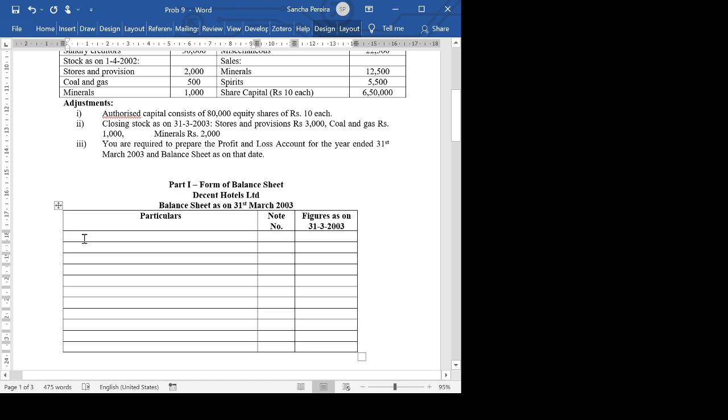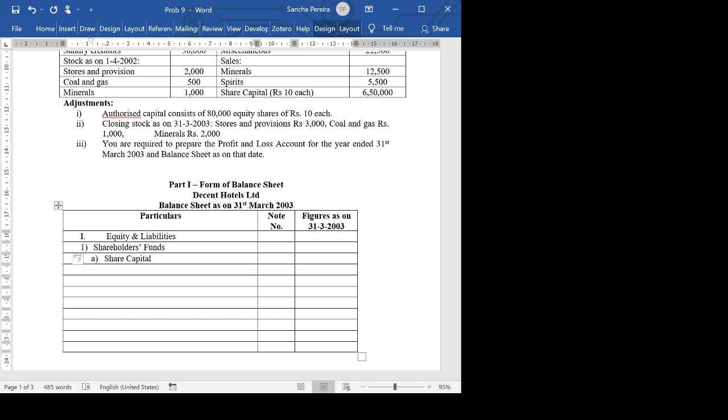Okay, the first part is equity and liabilities. Under that we have shareholders funds, and under shareholders funds the first thing that we have is share capital.